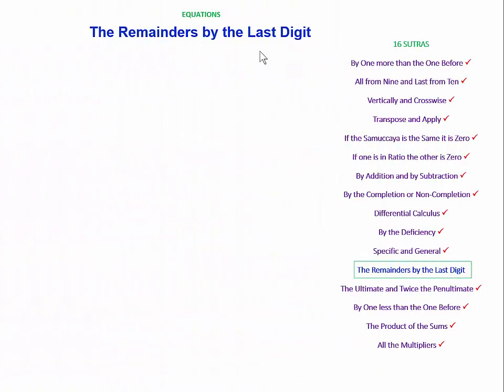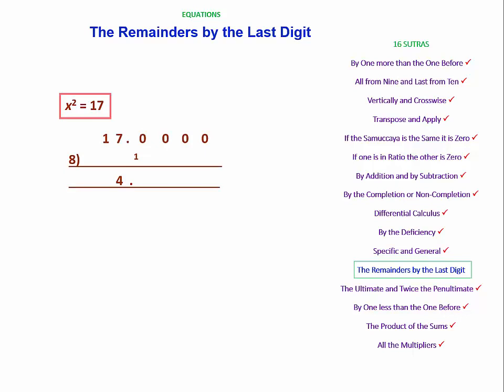And the last sutra is this one, the remainders by the last digit, Sheshanyankena Charamena. So if we have to solve the equation x squared equals 17, then this would be the beginning of the working. The first figure we know is 4, which is here, and the remainder of 1, because 4 fours are 16, and we've got 17.